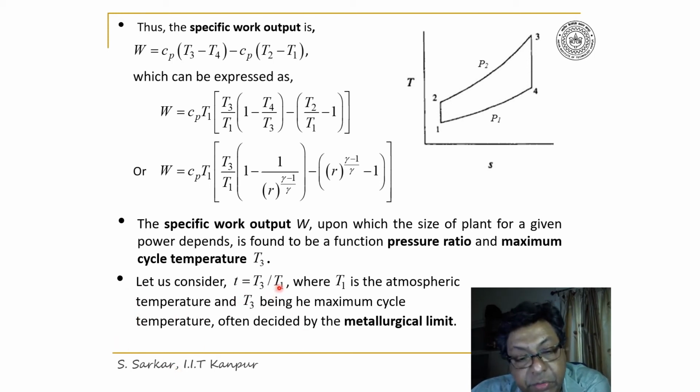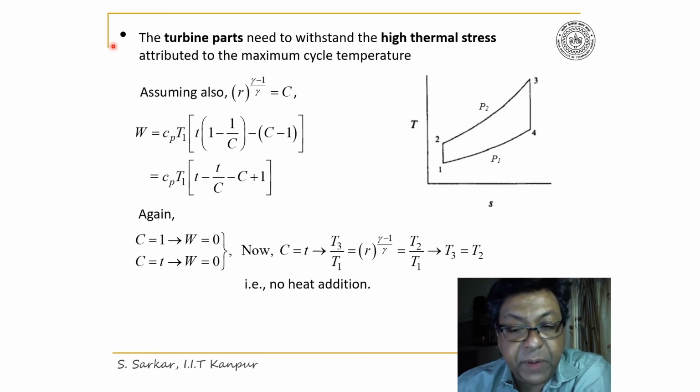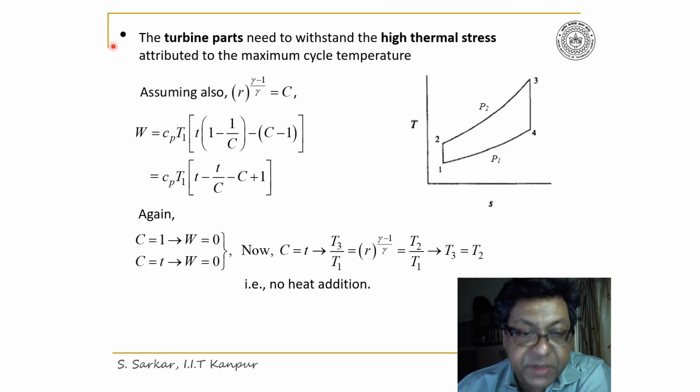Small t is equal to T3 by T1, where T3 is the maximum cycle temperature, often dictated by metallurgical limit, and T1 is the atmospheric temperature. Here I like to express that, with respect to compression, turbine parts need to withstand high temperature and thereby high thermal stress because of the maximum cycle temperature.